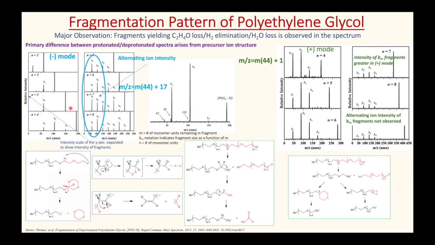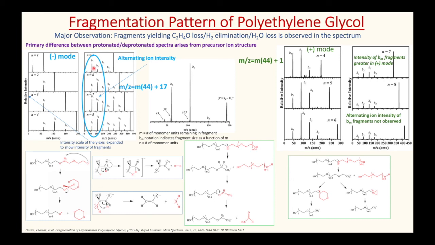Polymers that varied in length by 1 monomer unit were each analyzed, and every time we saw alternating B fragments in terms of the intensity within the spectrum. So if N was even for a precursor polyethylene glycol fragment, the even number B fragments would also have a greater relative abundance or intensity when compared to the odd number. And this alternated throughout.